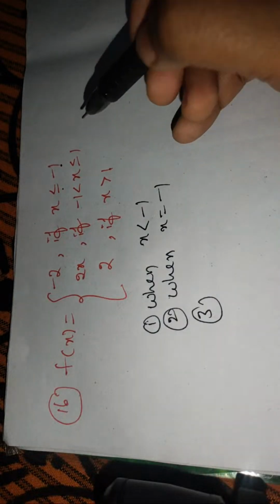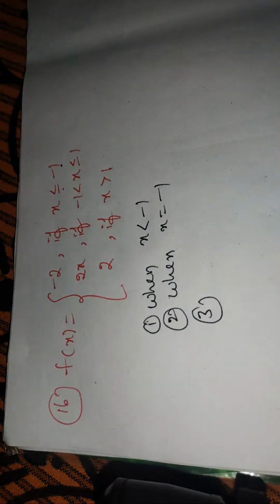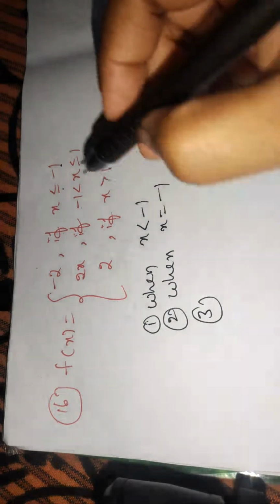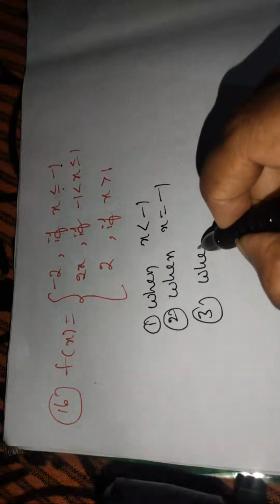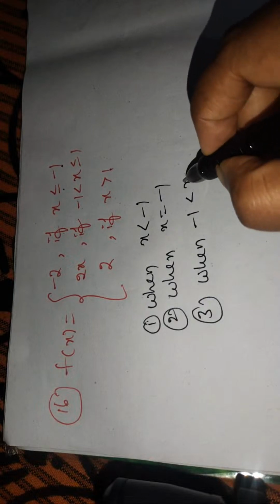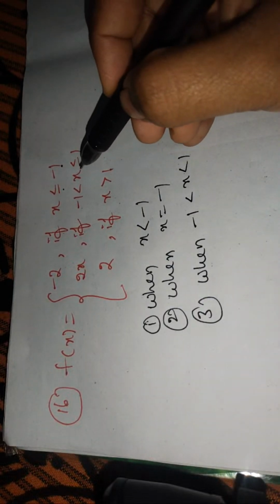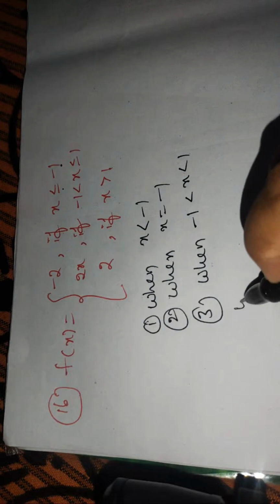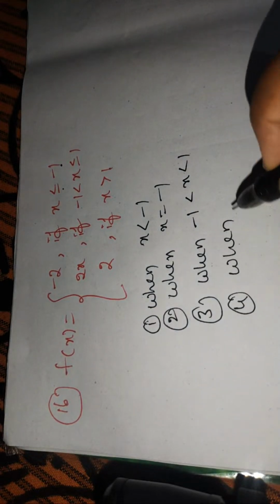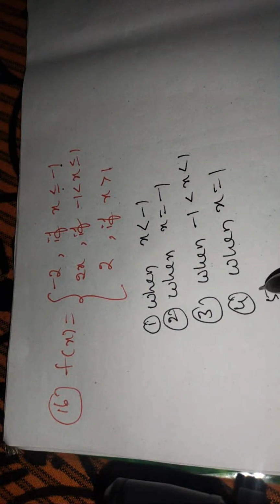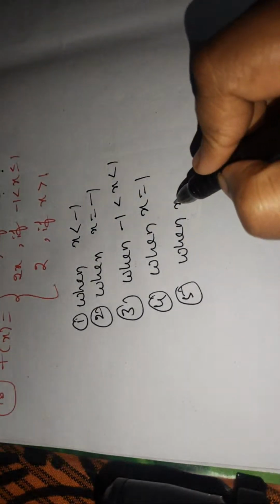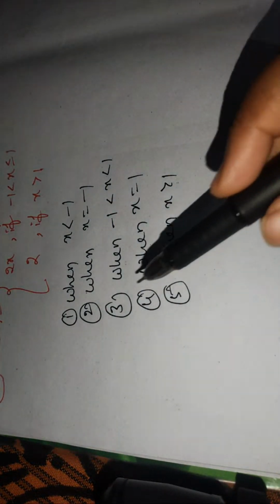Third case, minus 1 less than x less than 1, I will take. The remaining x is equal to 1 in the next case I will write. Last case, when x is greater than 1. So, I got 5 cases. We will solve these 5 cases one by one.